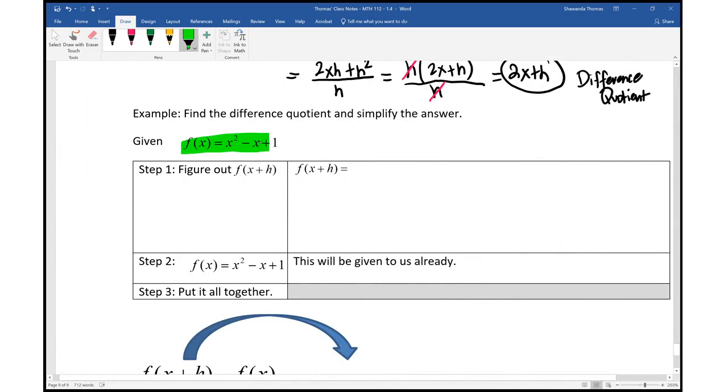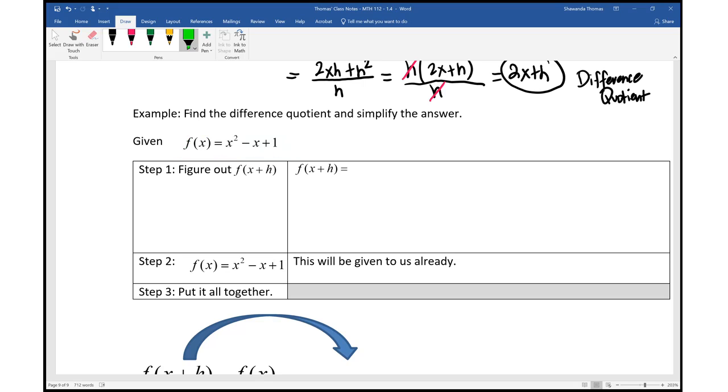If f of x is x squared minus x plus 1, then how do you find f of x plus h? You evaluate the function at x plus h, meaning plug it in, meaning replace the x with x plus h, meaning substitute the x for x plus h.